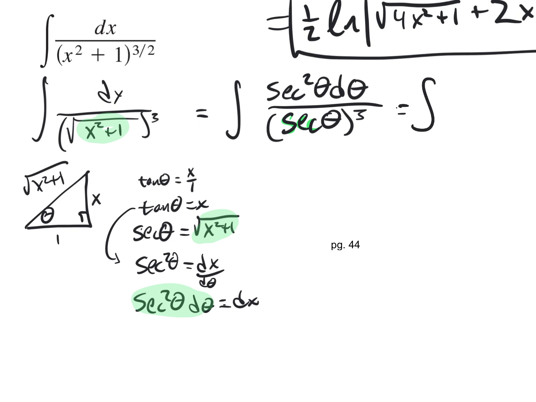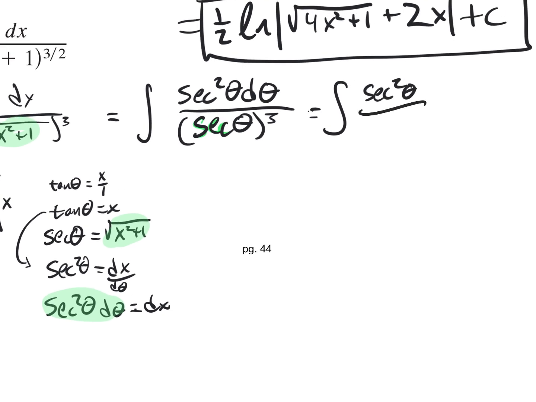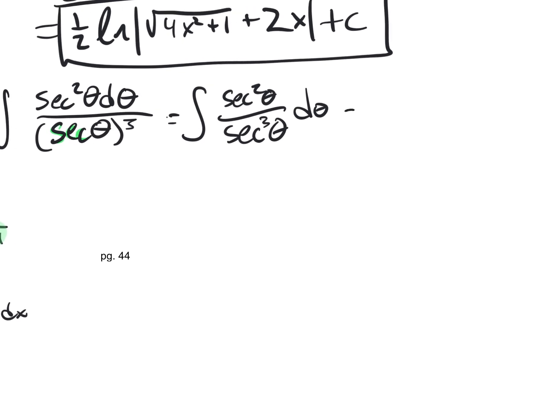That's what that means. So secant squared theta over secant cubed theta. You don't have to write this out necessarily, but that's what it means. And, well, this can be simplified. And we just have the integral of 1 over secant theta d theta.